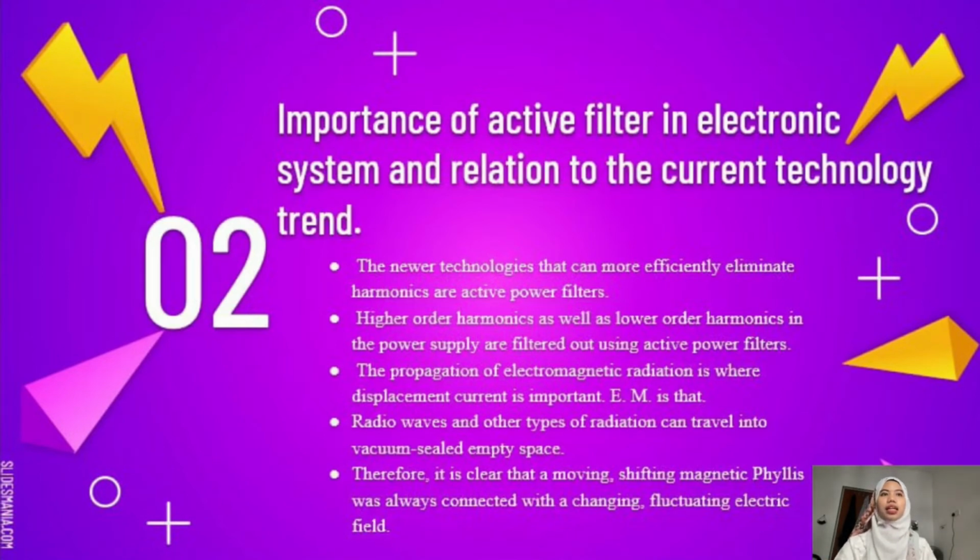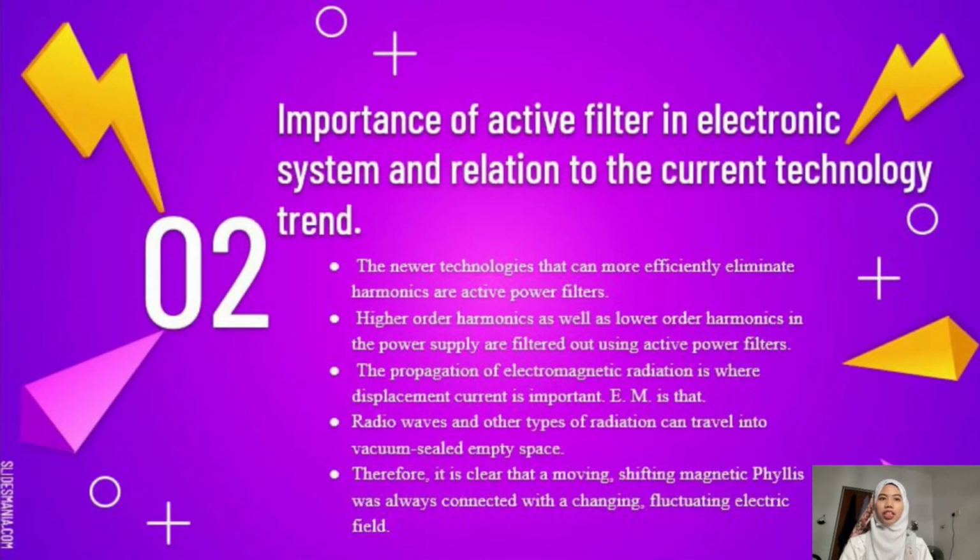Today, I will discuss the importance of active filters in electronic systems in relation to the current technology trend. The newer technologies that can more efficiently eliminate harmonics are active power filters. Higher order harmonics as well as lower order harmonics in the power supply are filtered out using active power filters.